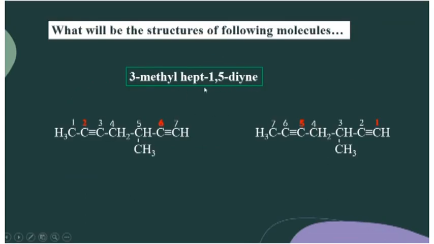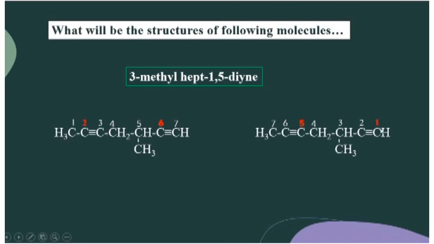So see this molecule. This is a 3 dash methyl hepta-1,5 diene. Diene means this molecule has 2 double bonds at 1 and 5 position. Okay. So what will we do? There are two possibilities. See, 7 carbons, then 1 position has a double bond, 5 position has a double bond, 3 position has a methyl group.